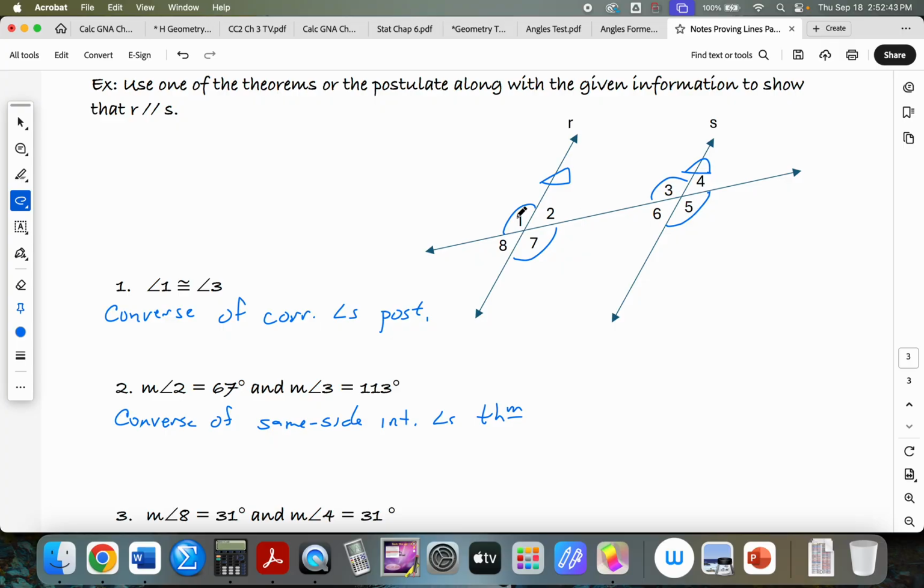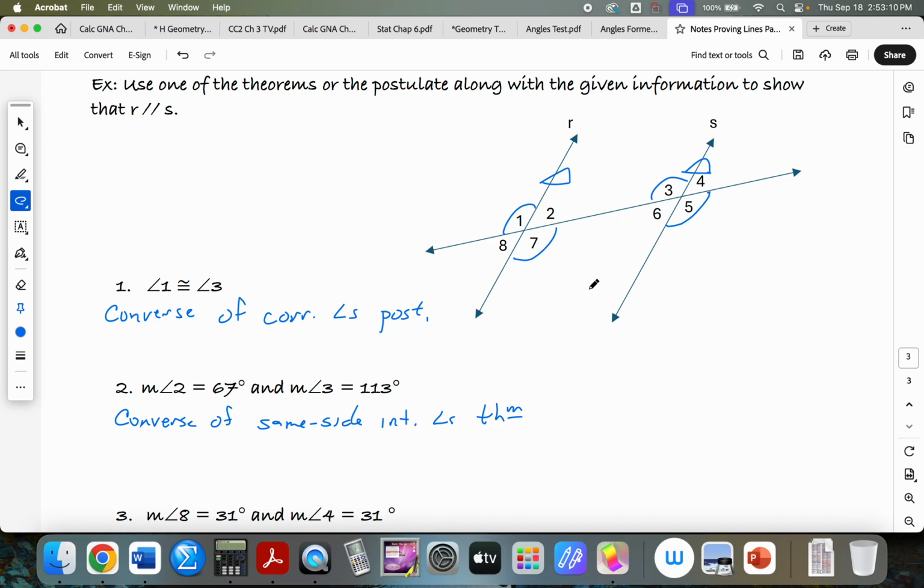That's the alternate interior angles theorem. And then since 3 is a supplement to angle 6, they're going to add up to 180. But 3 and 7 are the same size, so 7 and 6 have to add up to 180. So all those other things are true. We start with the corresponding angles and we base everything else on that. If that's true, all these other things have to be true. Okay? Thank you. You're welcome.